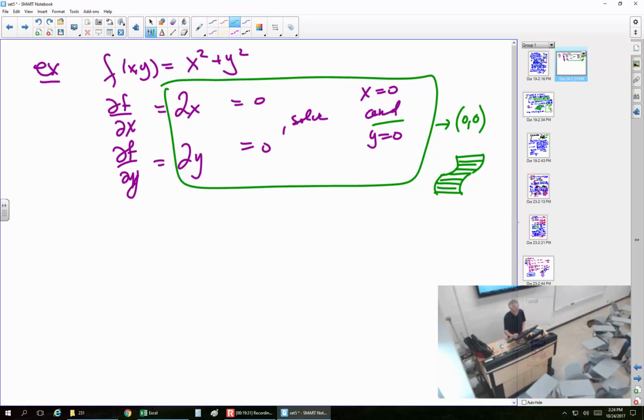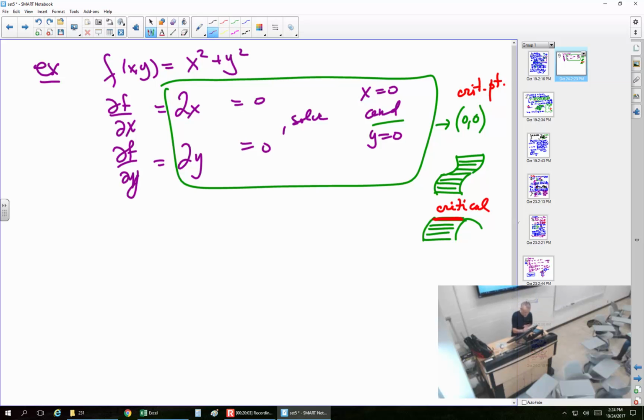And if you have something like this, all of these are critical points. Like a cylinder on its side, every point at the top will have both derivatives 0. So it is possible that you have infinitely many critical points. In this particular case, the only critical point is 0, 0.